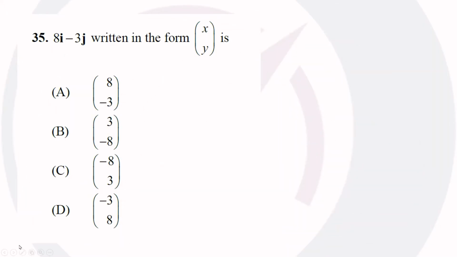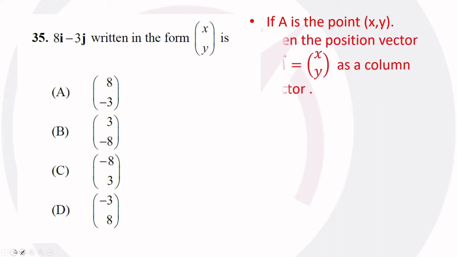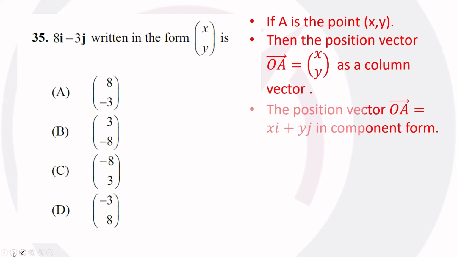Alright, so what we have, 8i minus 3j, we call this the component form of the vector. If we have the point A, which is represented by (x, y), we can write it as a position vector, (x, y), our column vector. And then the position vector OA is equal to xi plus yj.